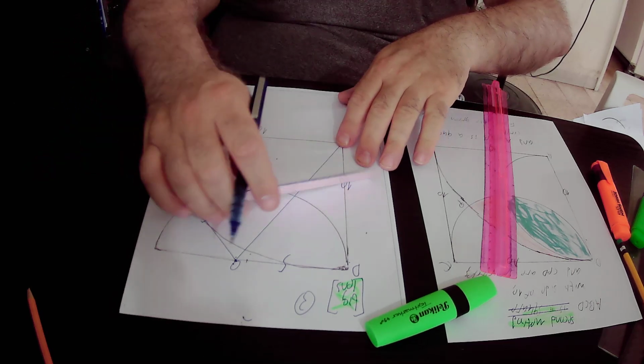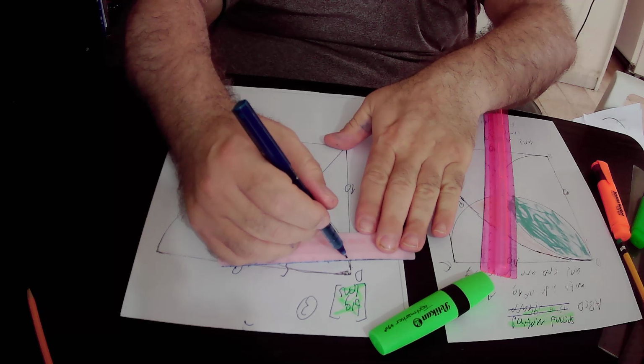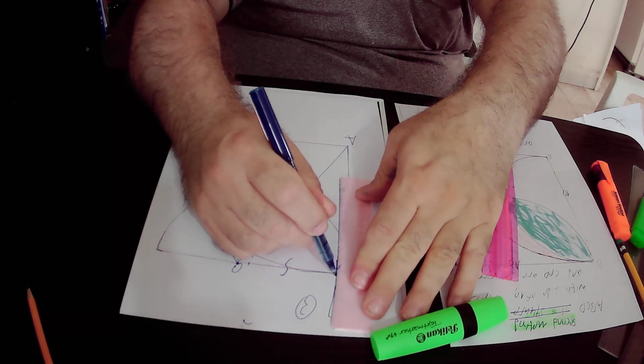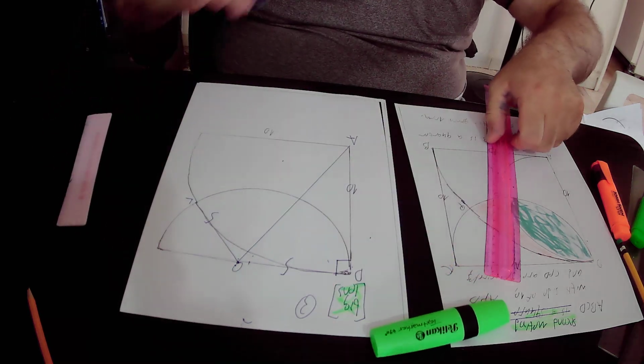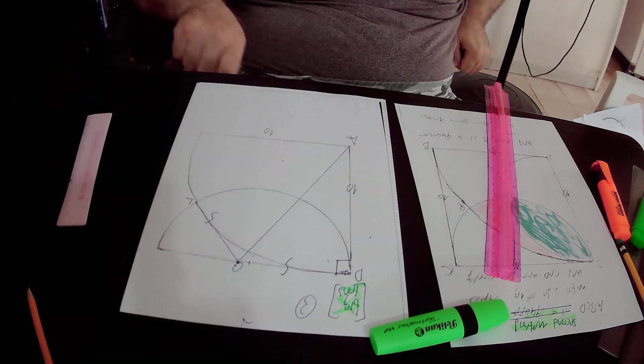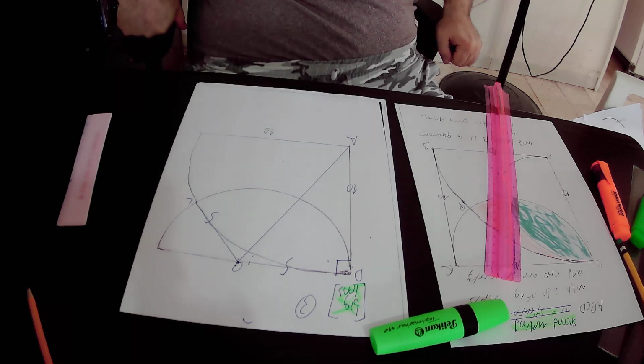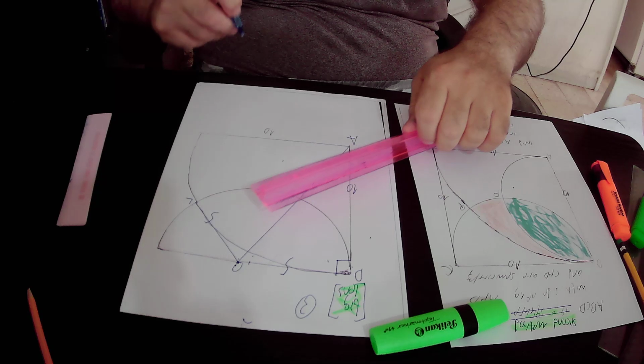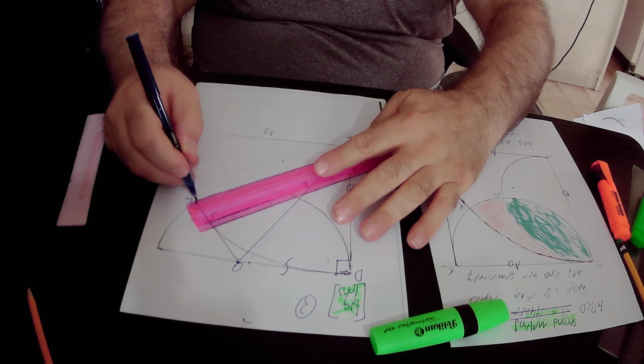That is to say, this angle equals 90 degrees. Here we join points A and L together by a straight line.